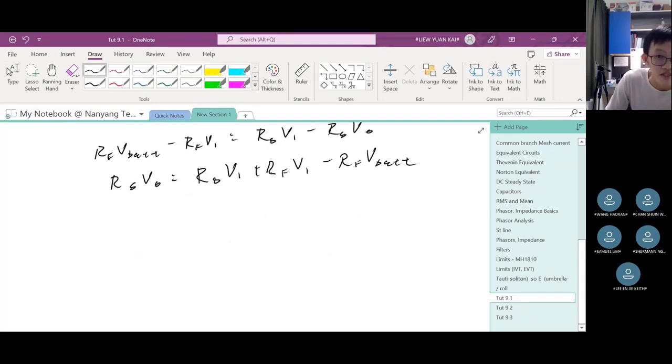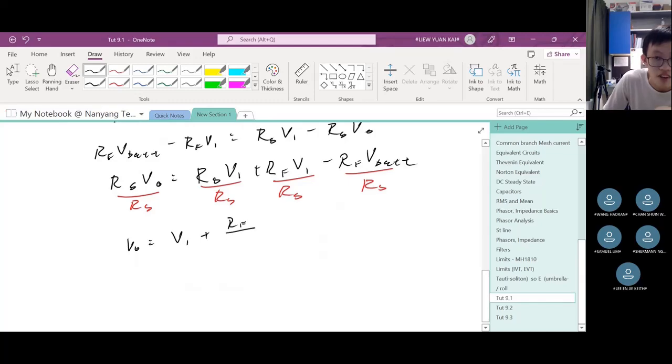Because we want to make V out alone. Oh my god, my handwriting is trash. We want to make V out alone, so we move RS to that side. What do we do? We divide each term by RS to remove this. Then we will get V out is equal to V1 plus RF over RS times V1 plus RF over RS times V bat.